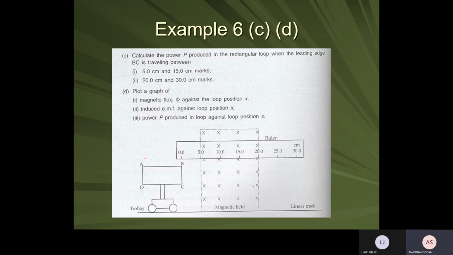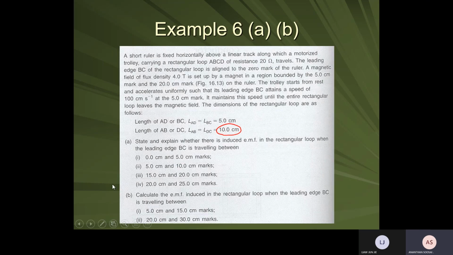So this is 10 centimeter, this is 10 centimeter, this is 5 centimeter. Okay, now I do the summary for you. The speed of the trolley is 100 centimeter per second. The trolley moves forward with 100 centimeter per second. Okay, good. So that's all we need.